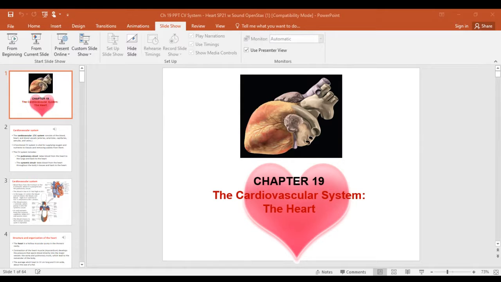First thing we need to learn is that the circulatory system is really like two separate loops, or two separate circulatory systems.